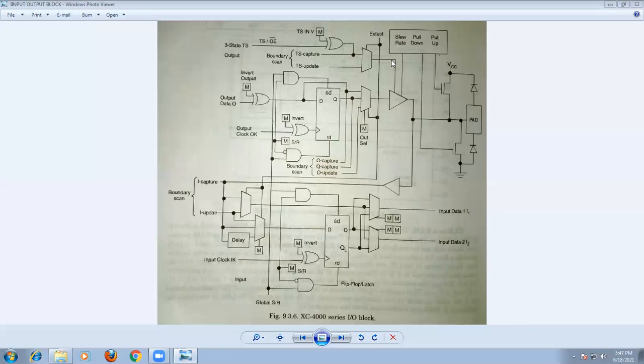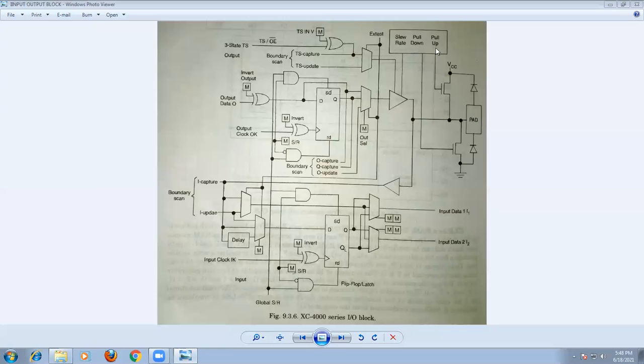When the output drives an external device, reduction of this SR is desirable in order to reduce the induced noise, the noise that can occur when the output changes rapidly. So this is the function of the slew rate.